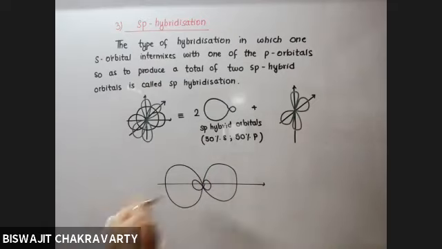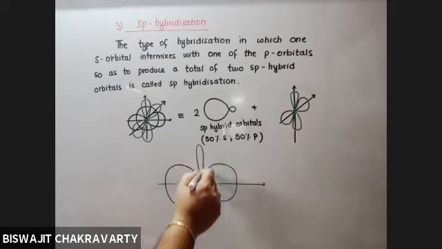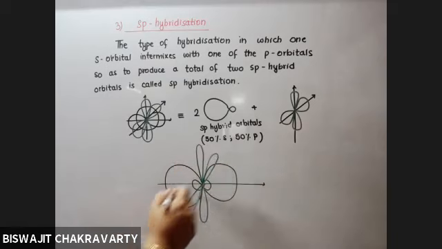And the other two unhybridized p orbitals will be lying mutually perpendicular to each other, as well as to the axis containing the two hybrid orbitals. So whosoever shows sp hybridization will acquire this type of shape.